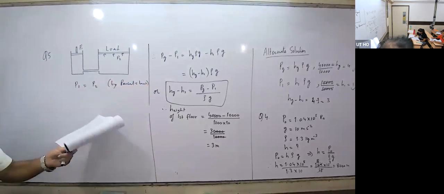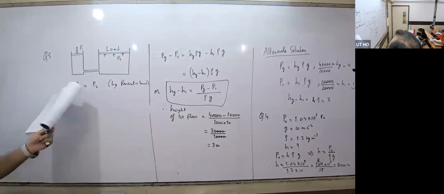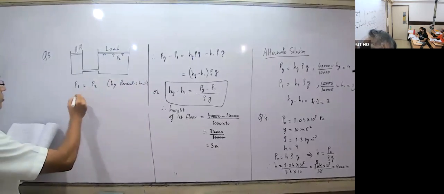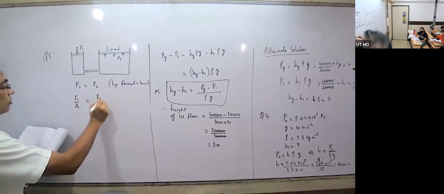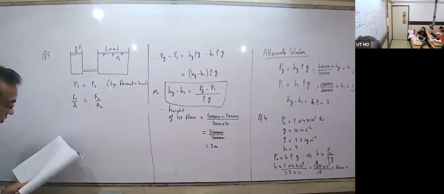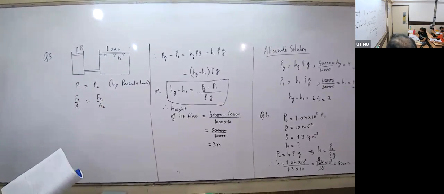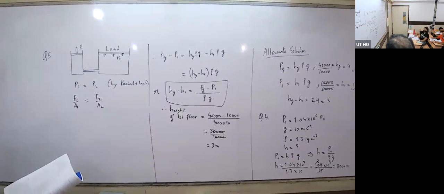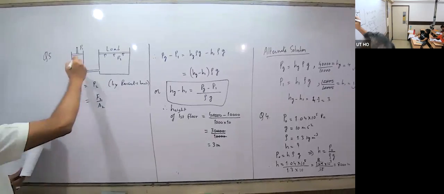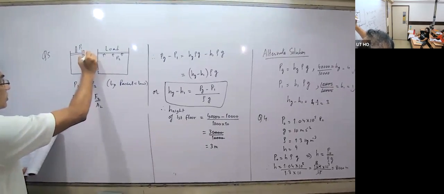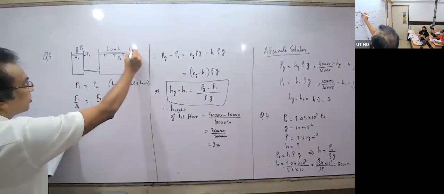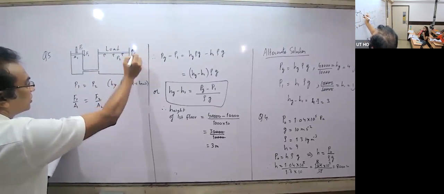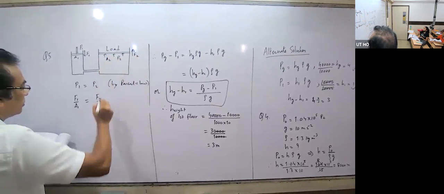So this is the part of theory. You don't have to do all this. Just because I am doing this example, P1 will be F1 by A1. And this will be F2 by A2. So what do you have to find out? You have to find out what force on the smaller piston will support. The smaller piston force is F1 and this is A1. So this will apply force F2 on the upper piston and the area is A2.